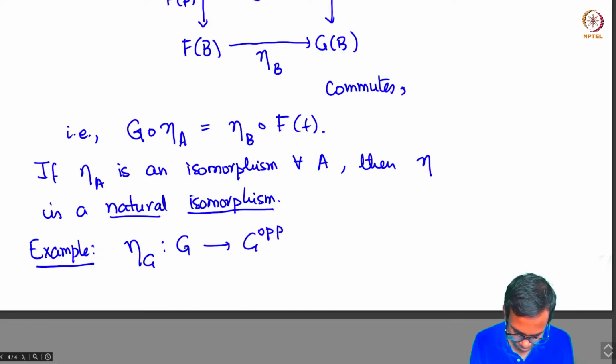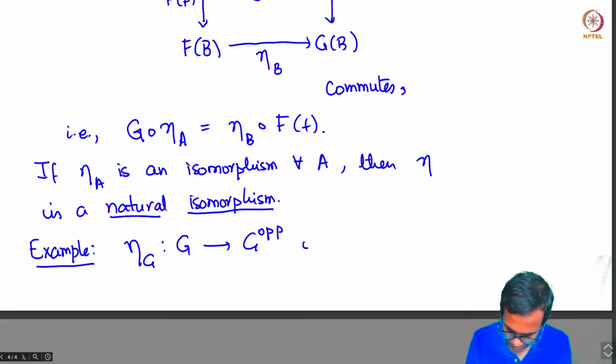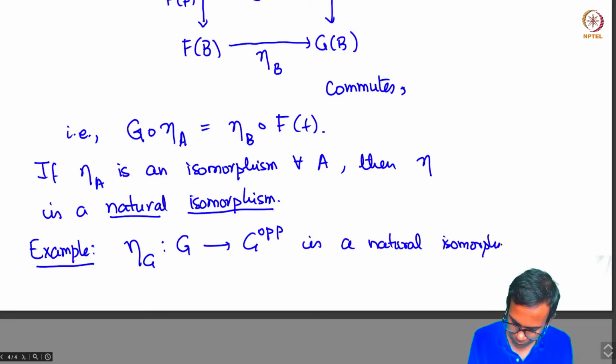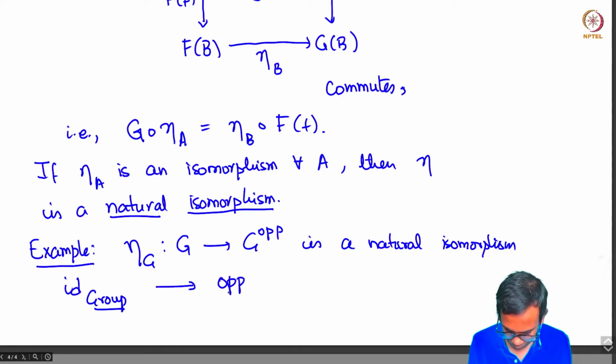okay, but we can think of this G as the identity functor applied to the group G. So you have, from the category of groups to the category of groups, the identity functor, which takes each group to itself and each arrow to itself. So this is a natural isomorphism between the identity functor from groups to groups and the opposite functor from groups to groups.